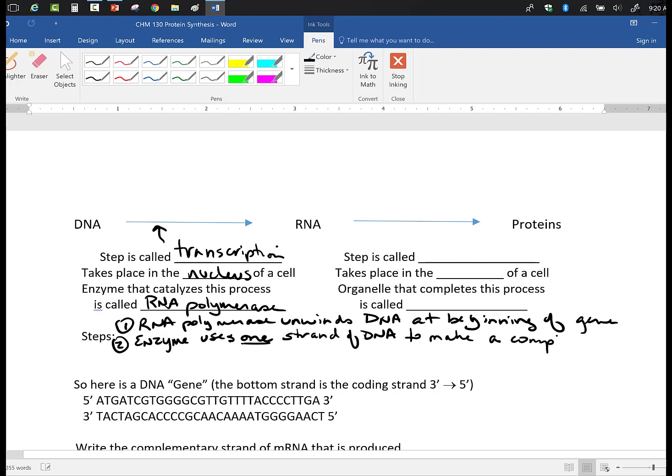And by complementary, they're going to be able to hydrogen bond. So the matching occurs because the bases can hydrogen bond as this new strand is being formed.